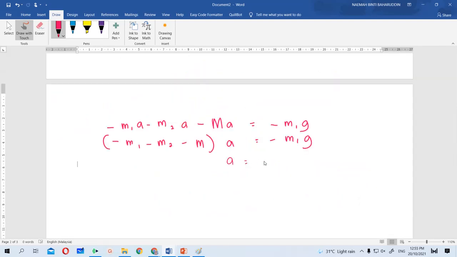So a is negative m1g divided by negative m1 minus m2 minus m, where you can factorize again the negative 1, m1g over negative 1 times m1 plus m2 plus m. So it is similar to the given answer in the book itself.